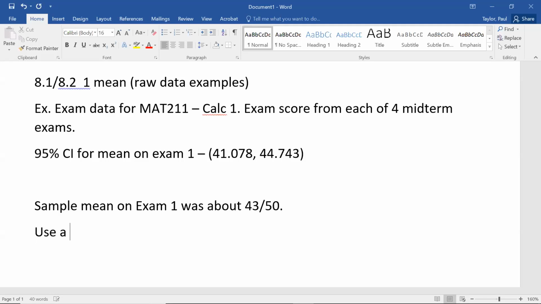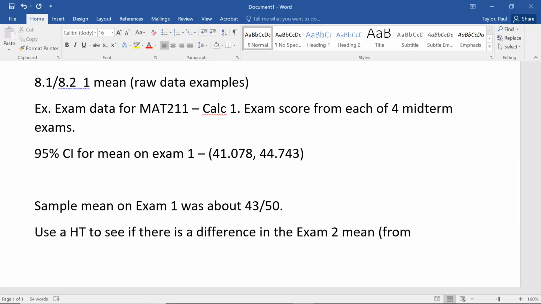So let's use a hypothesis test to see if there is a difference in the exam 2 mean, you know, different from the 43 we got on exam 1.